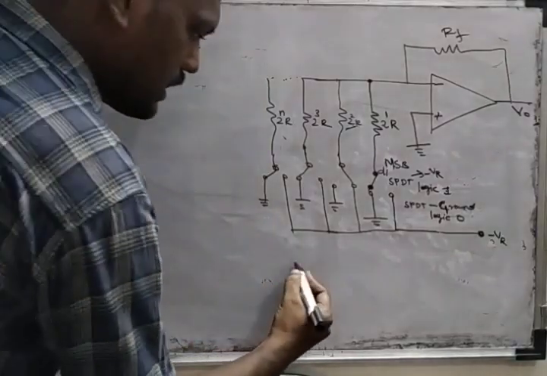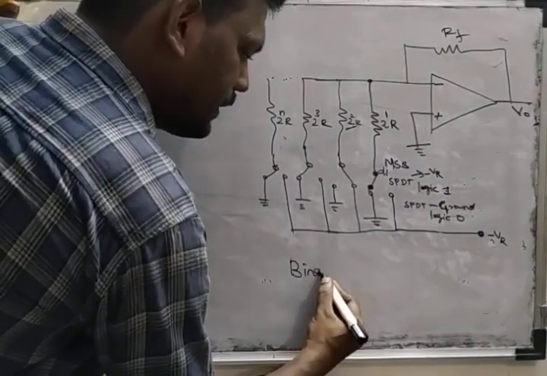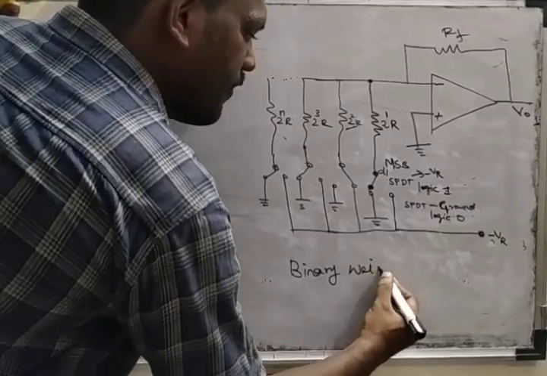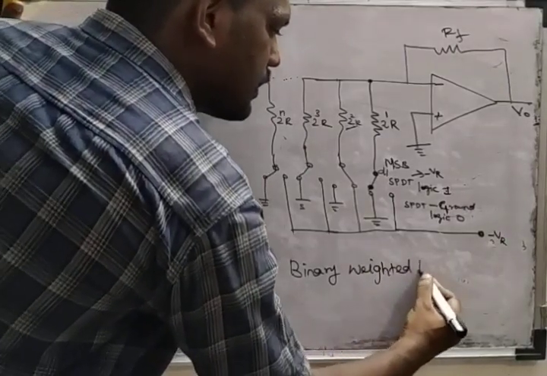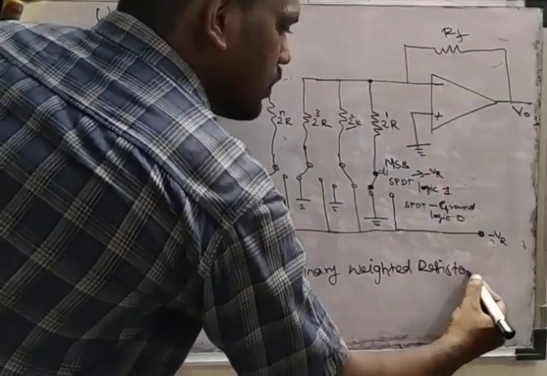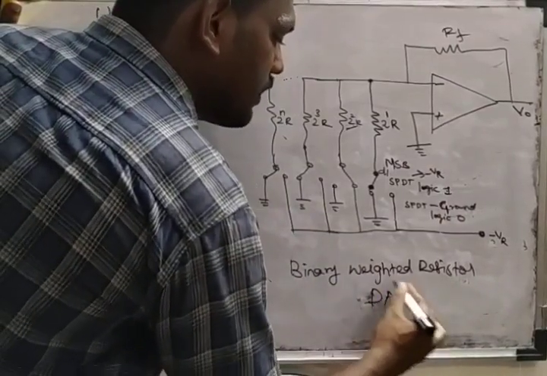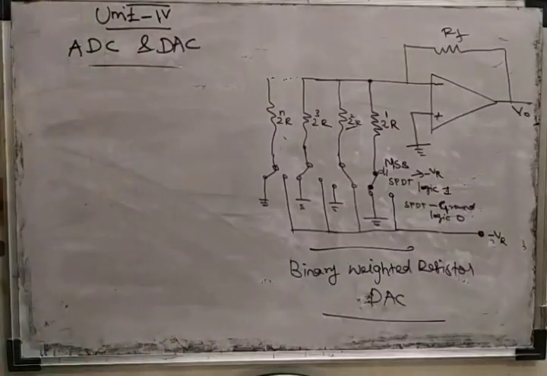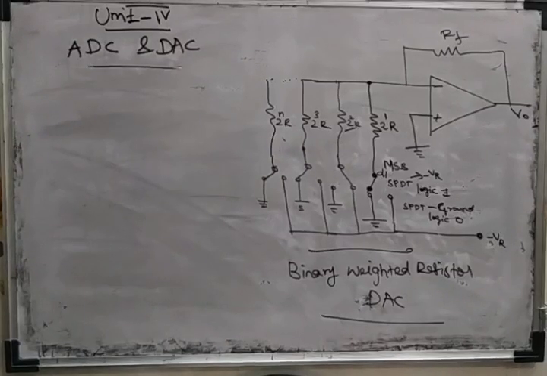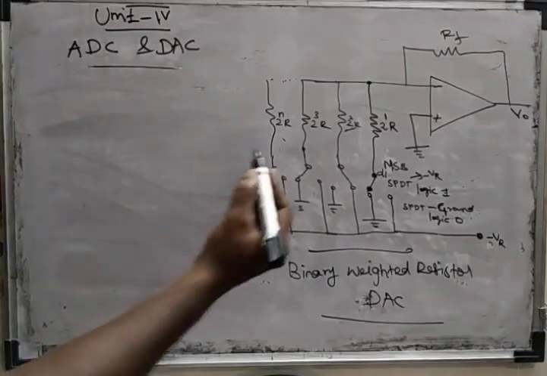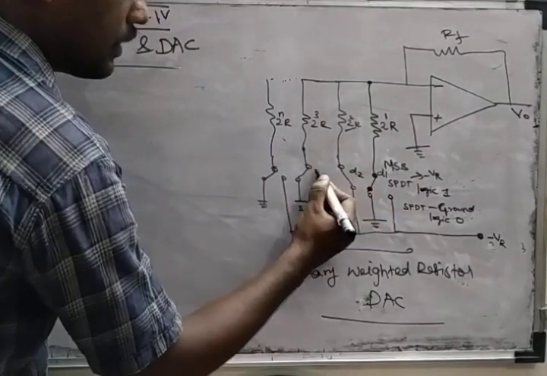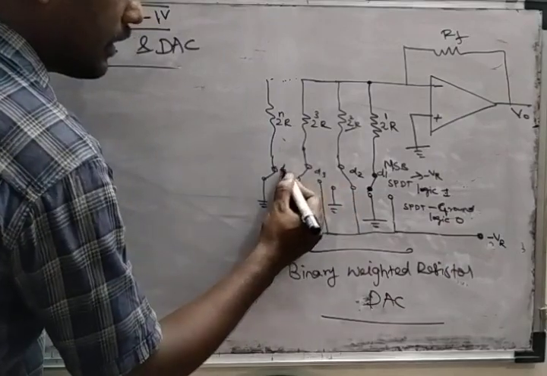So the circuit is the binary weighted resistor DAC. This bit is D2, this is D3, and Dn.